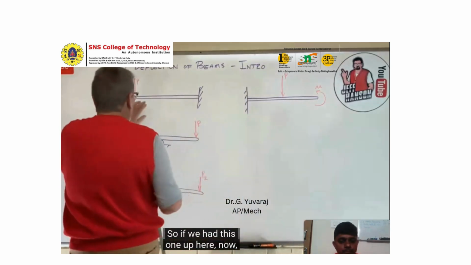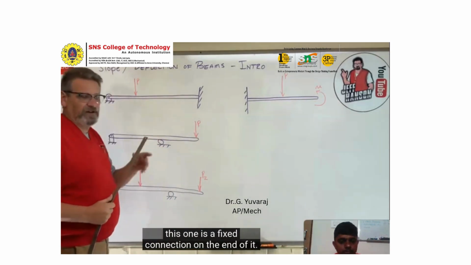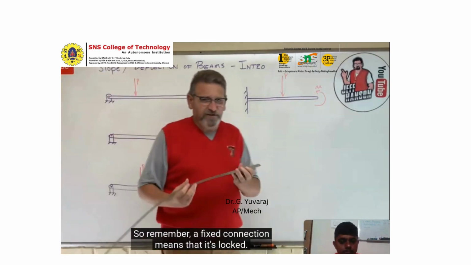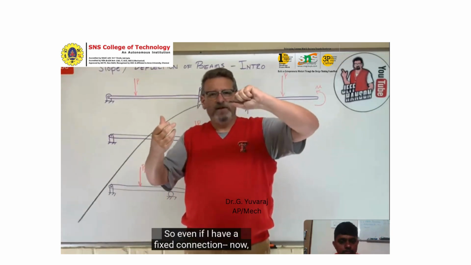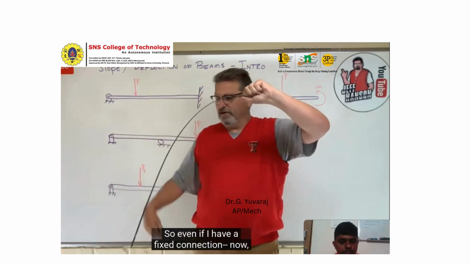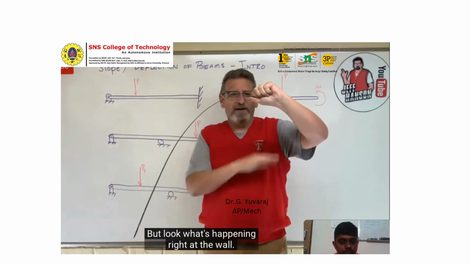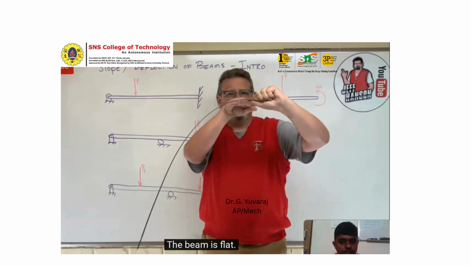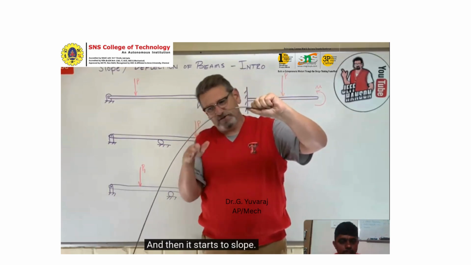So we have this one up here. This one has a fixed connection on the end of it. Remember, a fixed connection means that it's locked. It can't move. Even with a fixed connection, this is deflecting under its own weight, but look what's happening right at the wall. The beam is flat. There's zero deflection at the wall, and then it starts to slope.